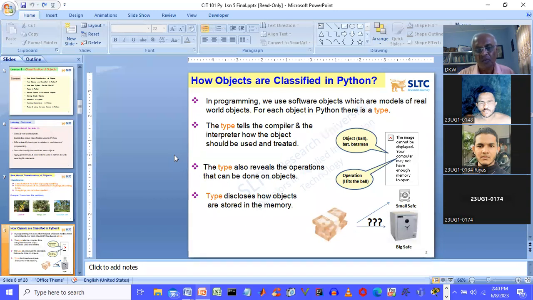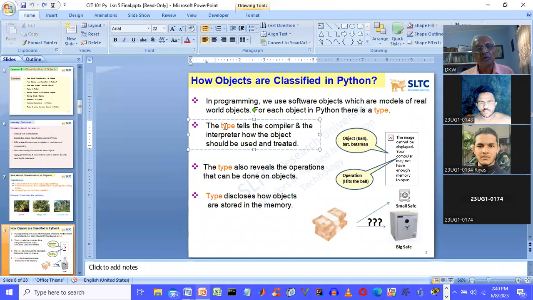Animal is a type now, right? To treat it, at least to feed this animal, we should know what he eats, what he drinks, and what he does, whether he sleeps or not. All these things we should know. So the type will tell you all these things.